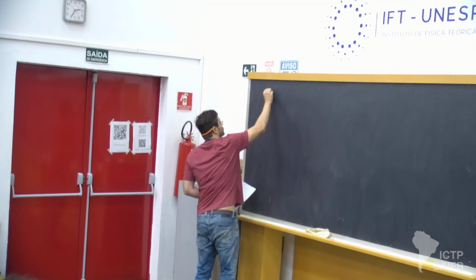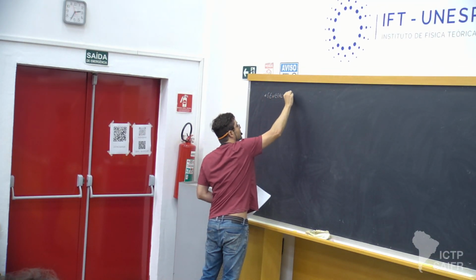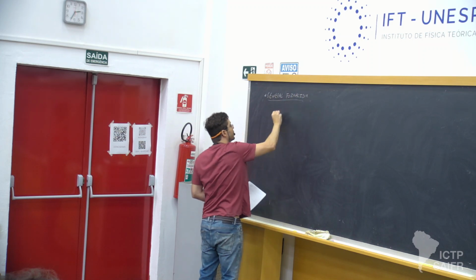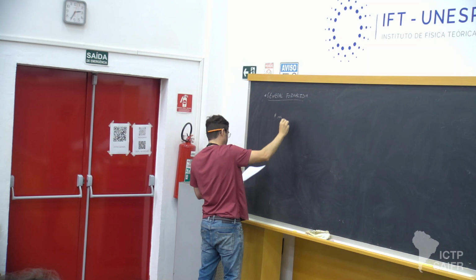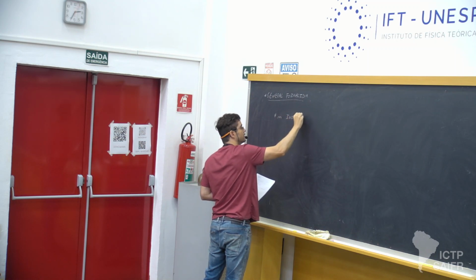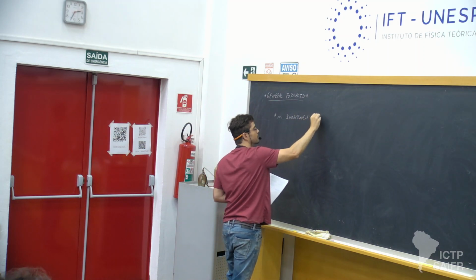Okay, so for the general formulas, we are going to call M the number of independent measurements.